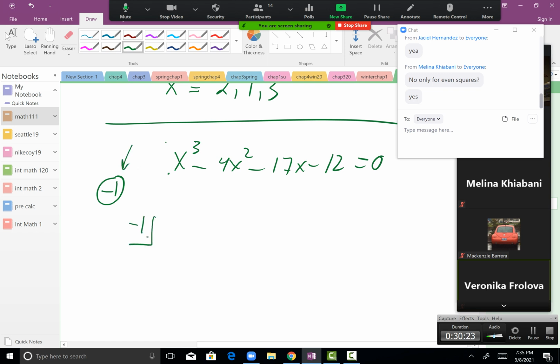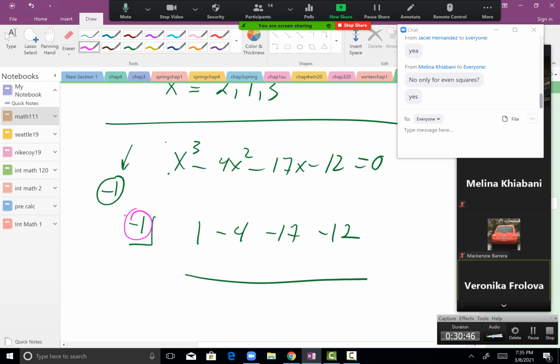So we're going to put that there. So 1, -4, -17, and -12. Now we know that because -1 is an x-intercept, that remainder has to be 0. So if your remainder is not 0, then you know you made a mistake someplace. And we don't take the opposite here.